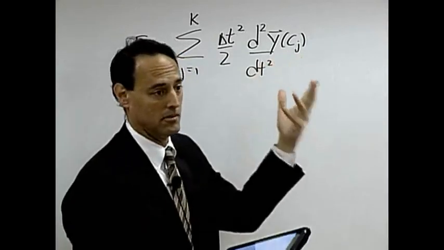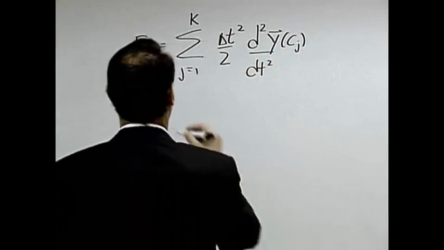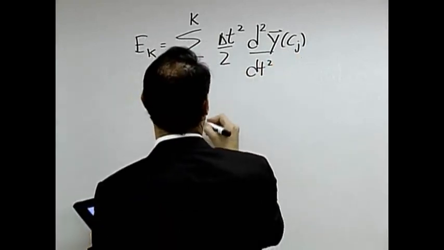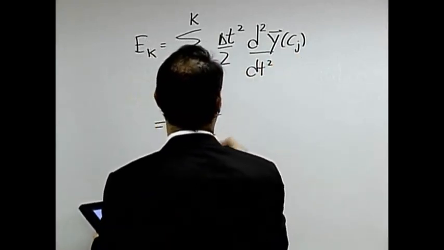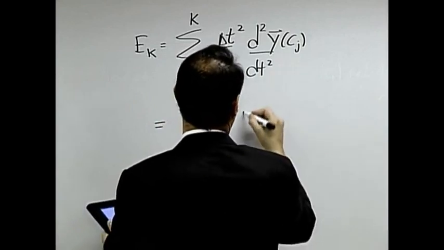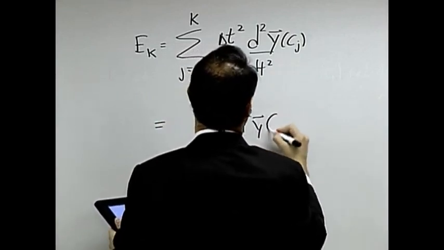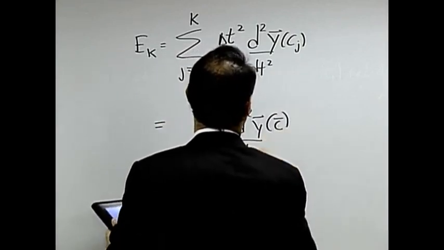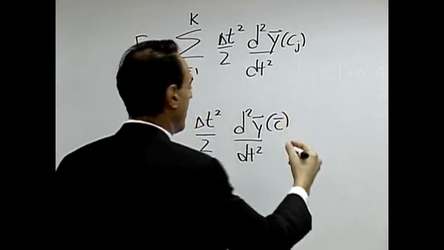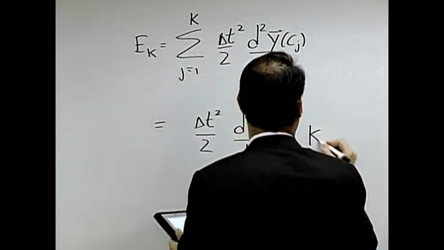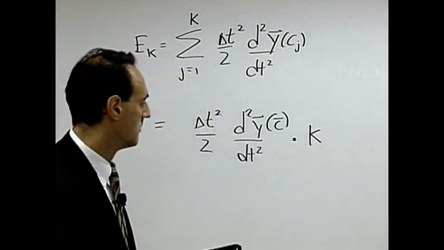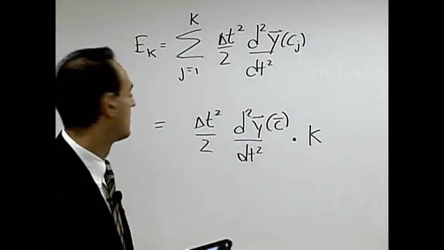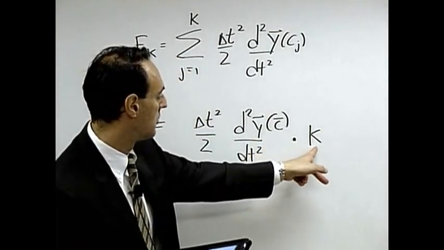I'm just making this up. So I'm going to take some average value. Really what I get is delta t squared over 2 times the average value of this, call it c bar, and I have k of them. So this is the contribution you get.